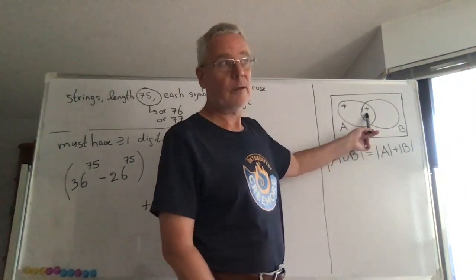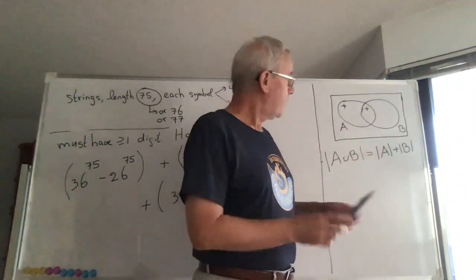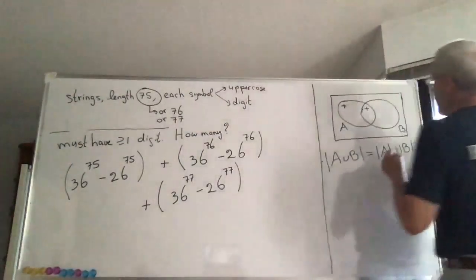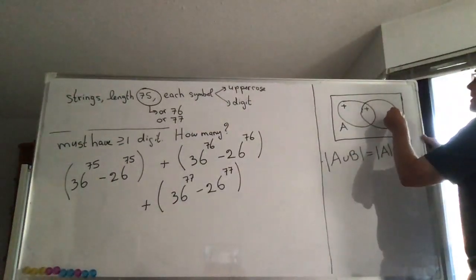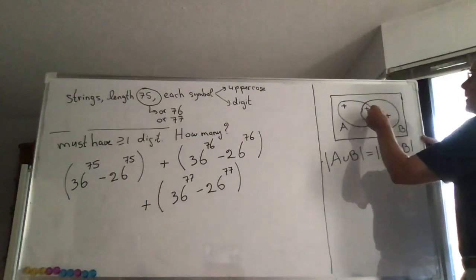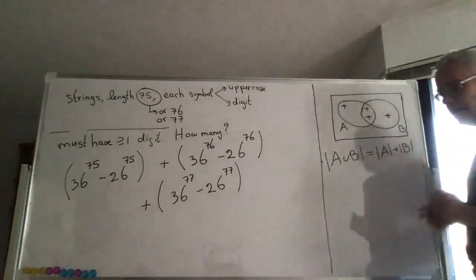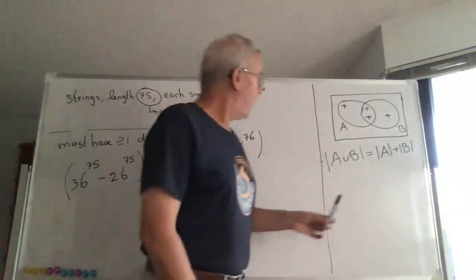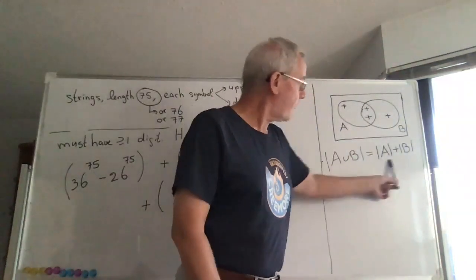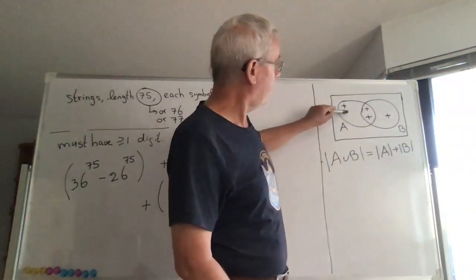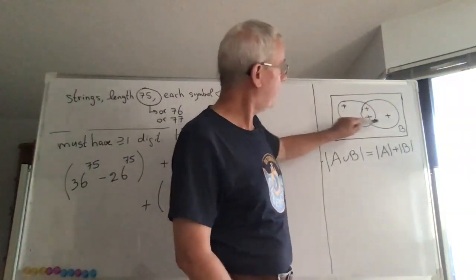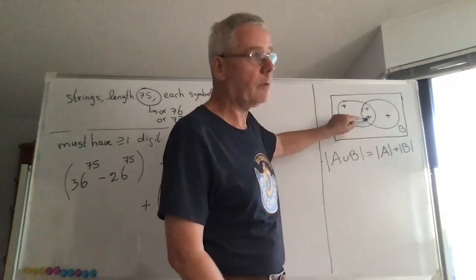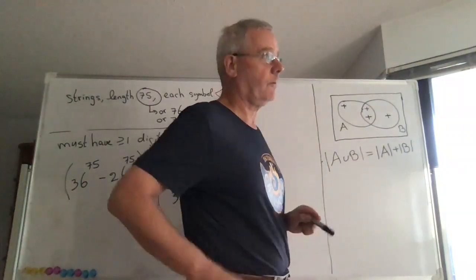It is both in B and A. So here in the size of B, we have counted elements here once, and elements that are in A and in B, we counted them again. Okay, so we have counted these elements once, we have counted these elements once, but elements that are both in A and B, we have counted twice.